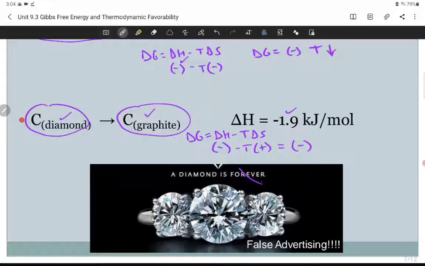So diamonds are not forever. Now it turns out that the kinetics of this process is extremely slow, but it's happening. So for someone's lifetime, it could be as good as forever, but it's not forever.